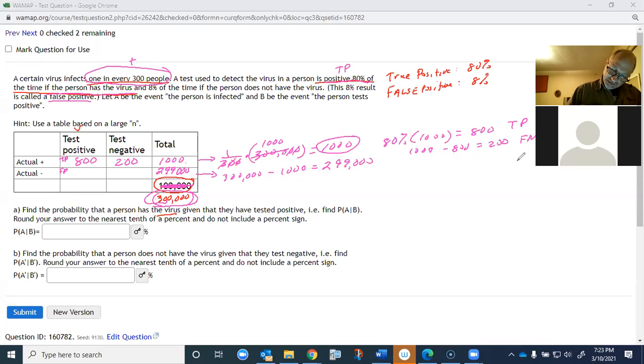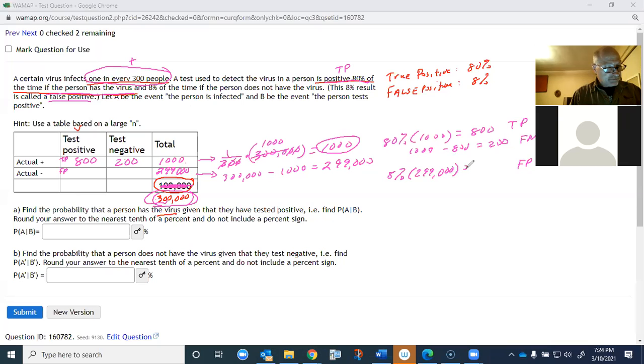And then to get the false positives, that was 8%, but that's 8% of what? 8% of the total 299,000. I'm going to have to use my calculator for that.